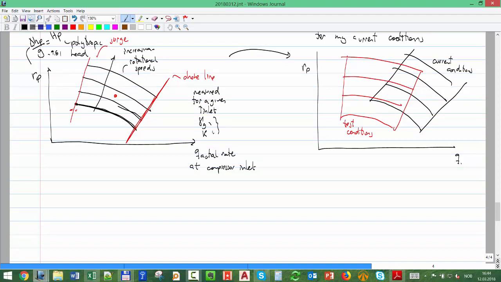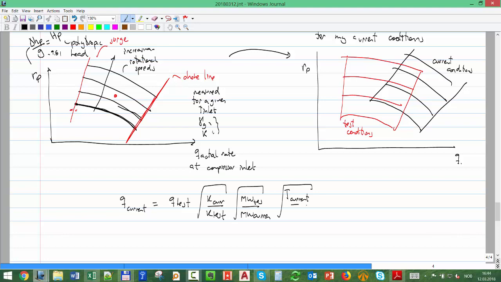The correction is: the Q of the current will be equal to Q of the test times the square root of K of the current divided by K of the test, times the square root of molecular weight of the test divided by molecular weight of the current, times, you don't have to worry, I have programmed these equations for you, T of the current divided by T of the test.